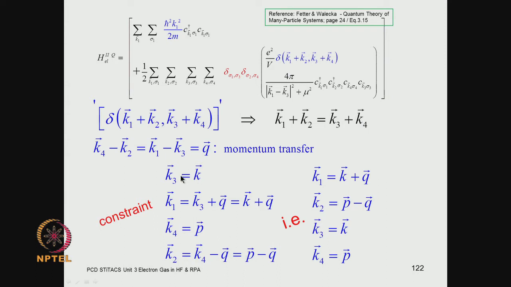So instead of these 4 parameters, we know that there are only 3 independent parameters because of the constraint, and these 3 parameters are k, p and q. So k1, k2, k3 and k4 are given by these relations, and we really have to work with only 3 parameters instead of 4 because of the constraint which we have.